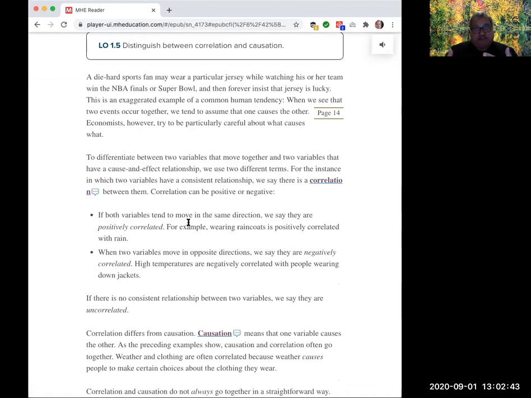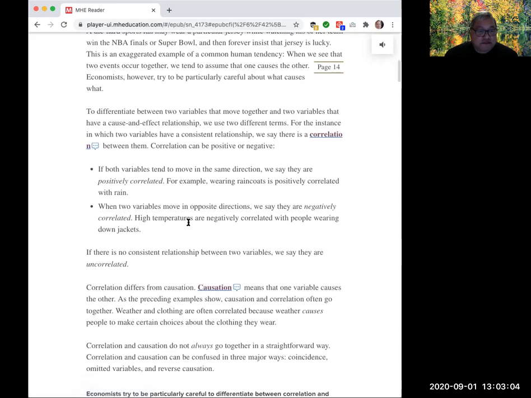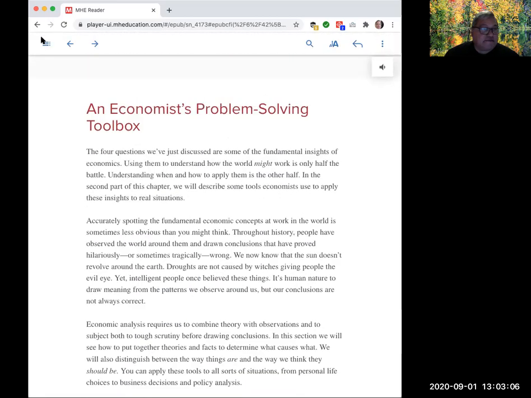A negative correlation is the opposite. When one is above average in value, the other one tends to be below average. And it's a tendency. It's not causal. Causality would imply that when one thing occurs, the other follows imminently. There's no tendency but imminence about it. So those are the differences between cause and effect.